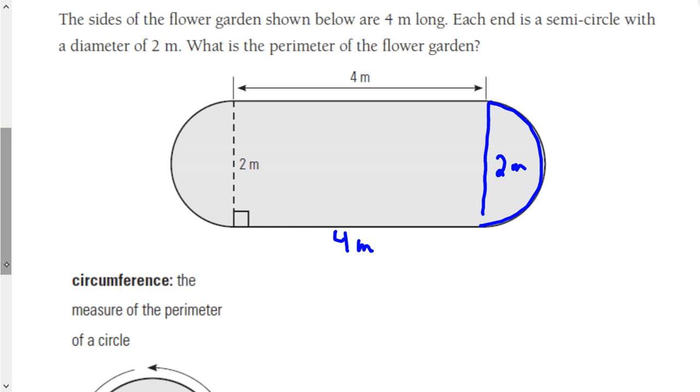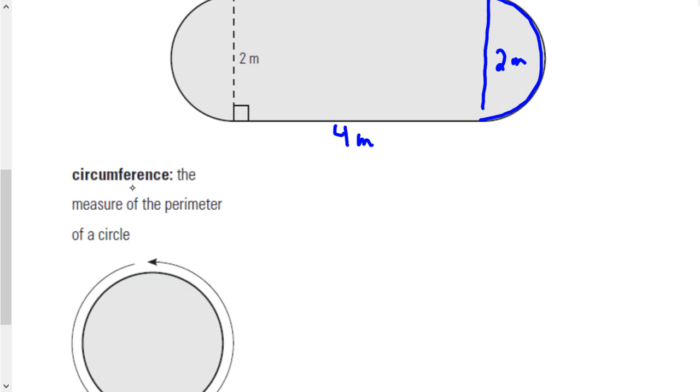Okay, so we have our new formula here, the circumference, which is the measure of the perimeter of the circle. So when we put these two semicircles together, it's actually going to create a full circle. So we're going to be left with a circle plus 2 sides of a rectangle because we're not going to calculate the little dots in here.